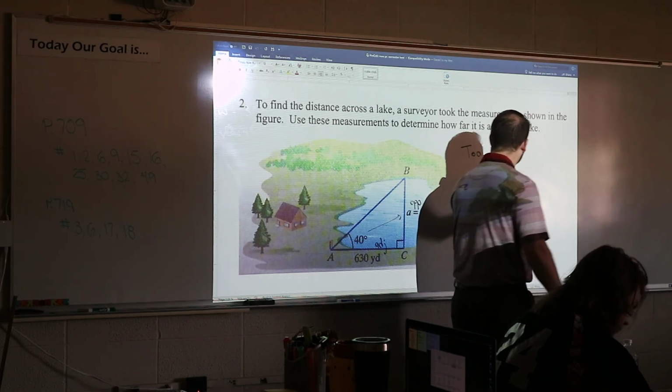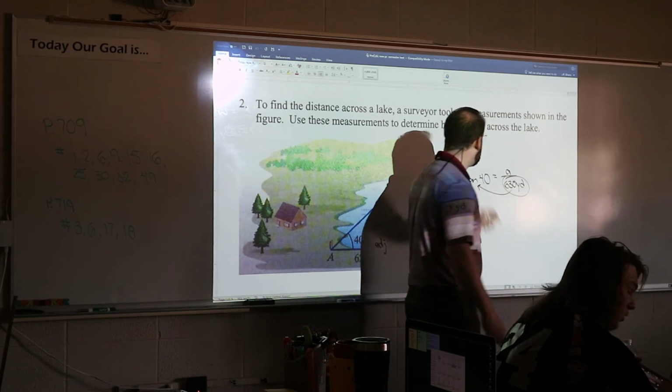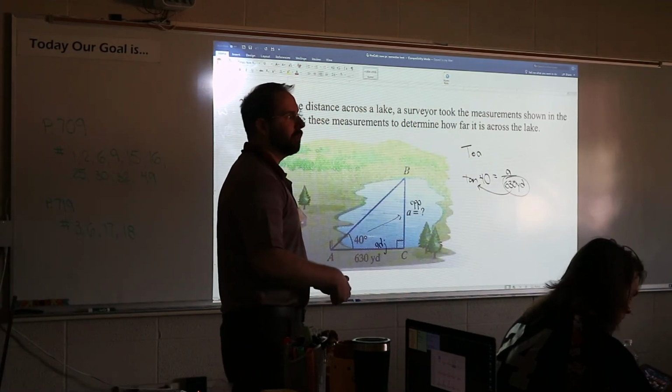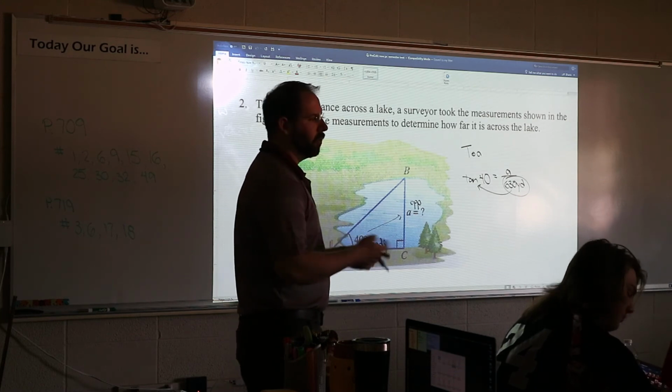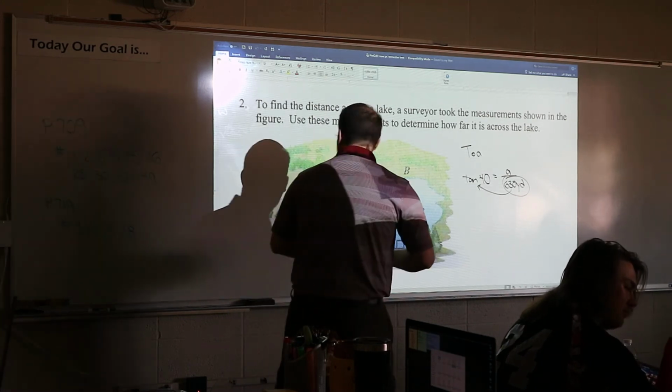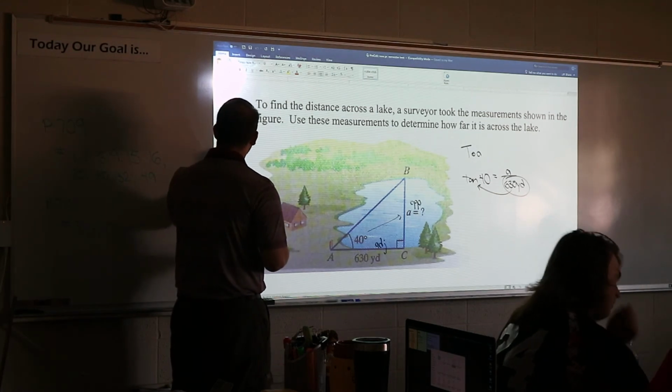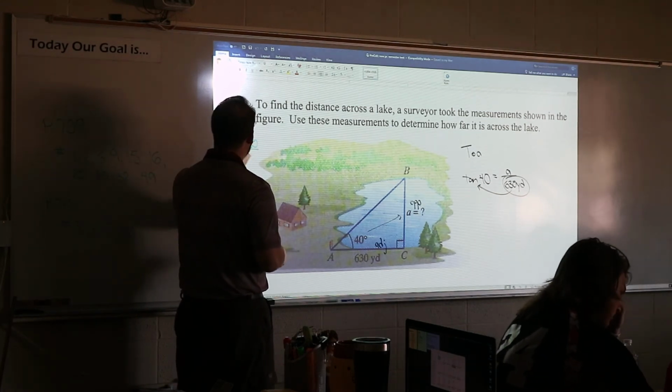So what you're going to have to do here is multiply this number across. Now, if the variable's on the bottom, you have to do a little switcheroo. Like in class, we talked about what happens when it's something like tangent of 20 degrees equals 50 over x.